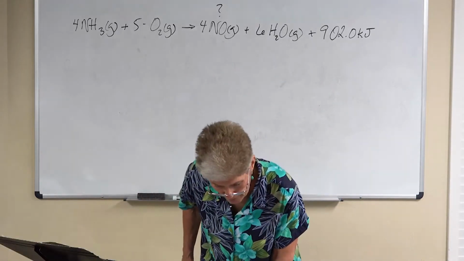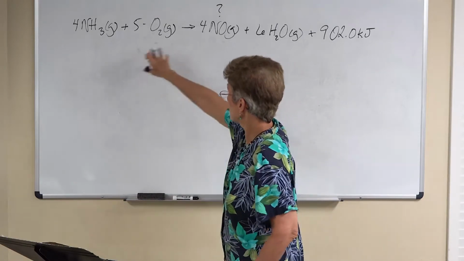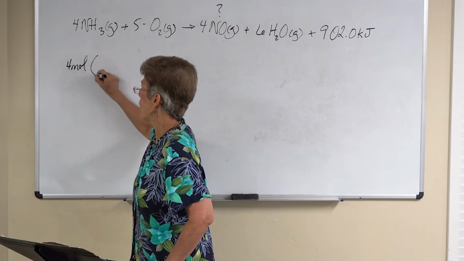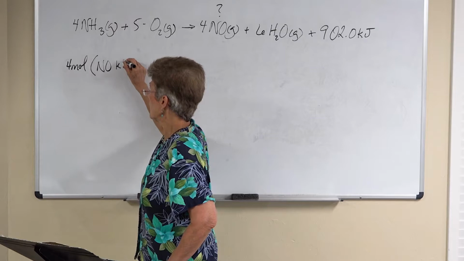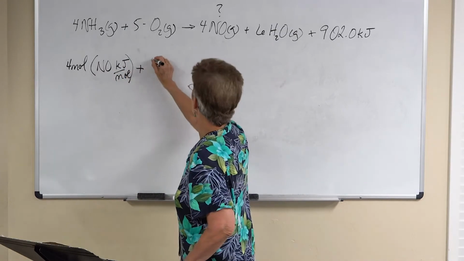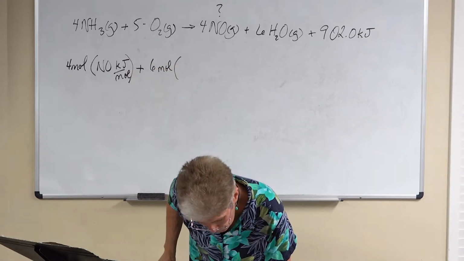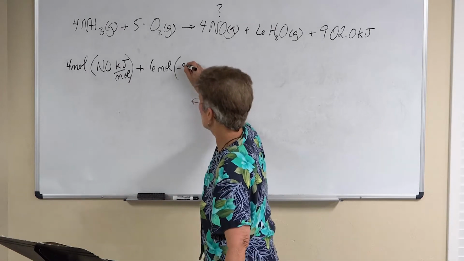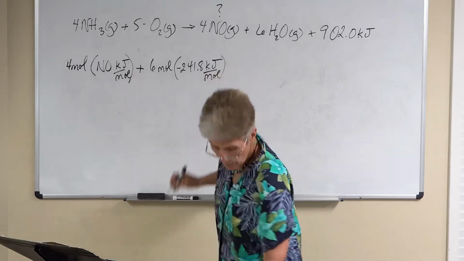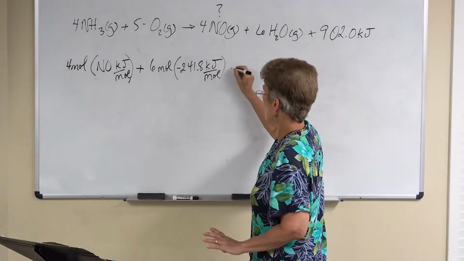So we're going to use the chart on page 424, and we are going to work from this side minus this side. So first we're going to start with that. We have 4 moles of what we're looking for, and that would be kilojoules per mole. That's what we're looking for. Okay, plus 6 moles of water vapor, which is negative 241.8 kilojoules per mole. Okay, we're not going to deal with that right now.